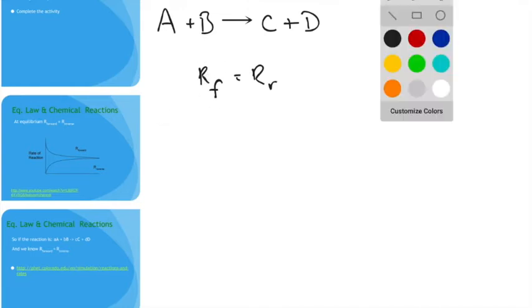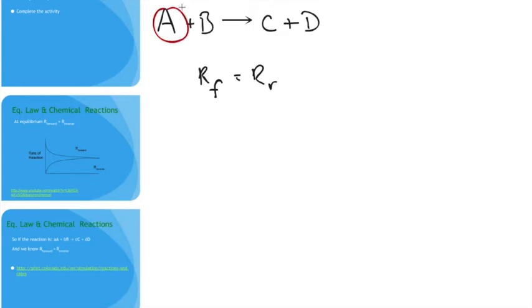So the rate law of the forward reaction, I'll use red for that one, is going to be the concentration of A to the a and B to the b. So rate forward equals the k of the forward reaction times the concentration of A to the power of a and B to the power of b.